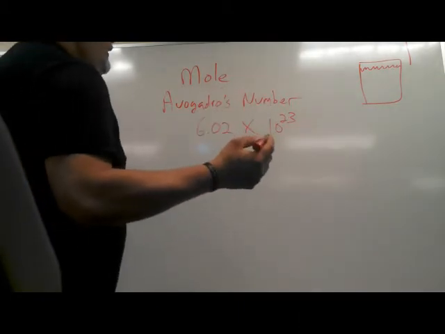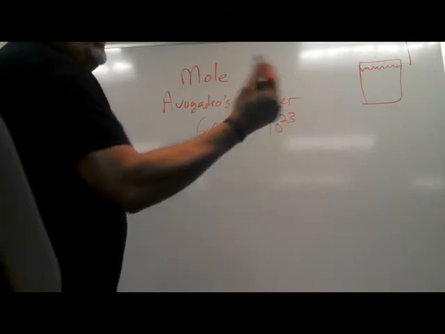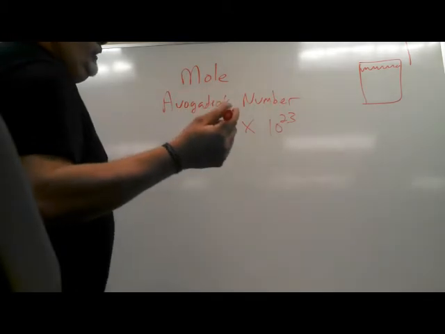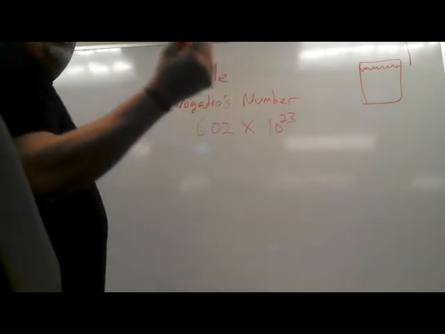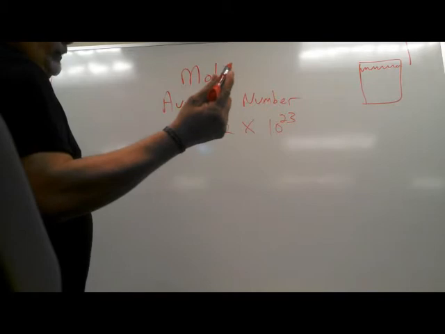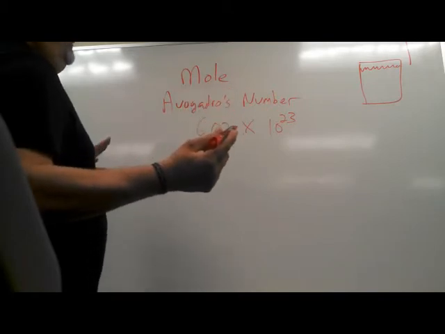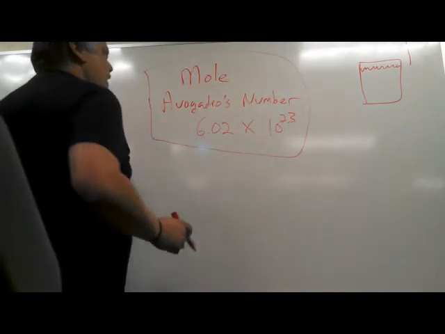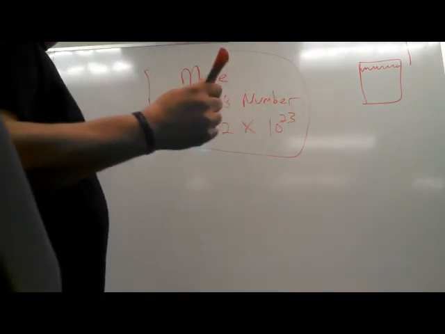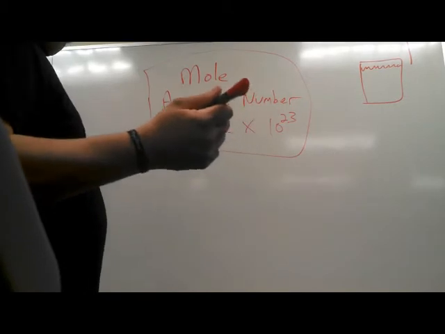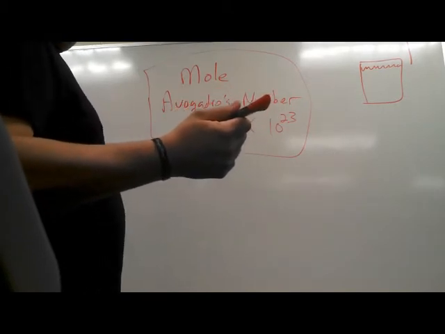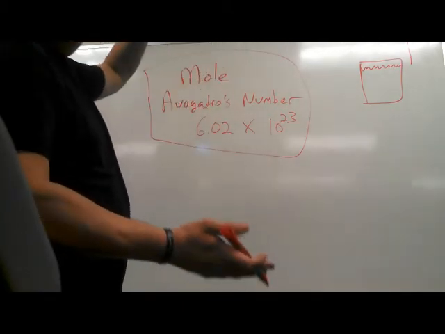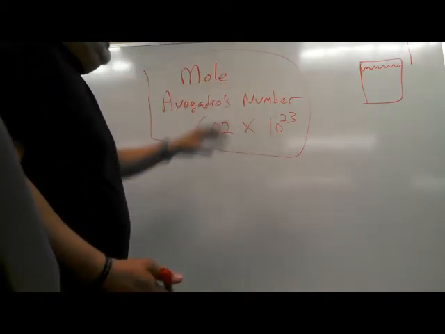If I say that I've got Avogadro's number of this marker, that means that there are 6.02 times 10 to the 23rd of these markers, which would probably be enough to fill up this entire building. Okay? So this is just a way of taking anything, any unit, any element, any compound, in a really large volume and making it understandable.